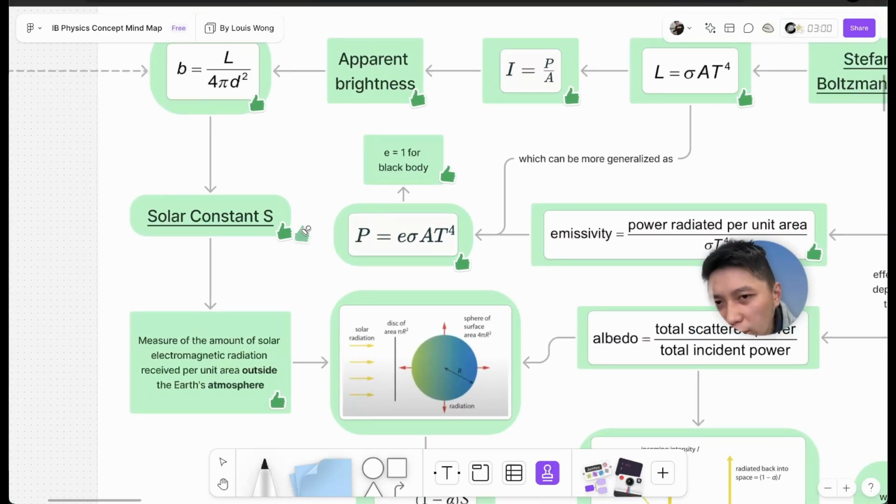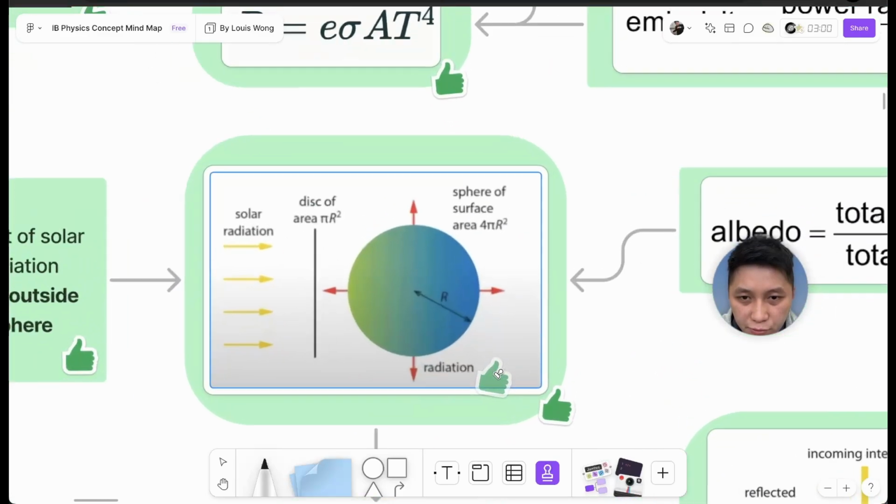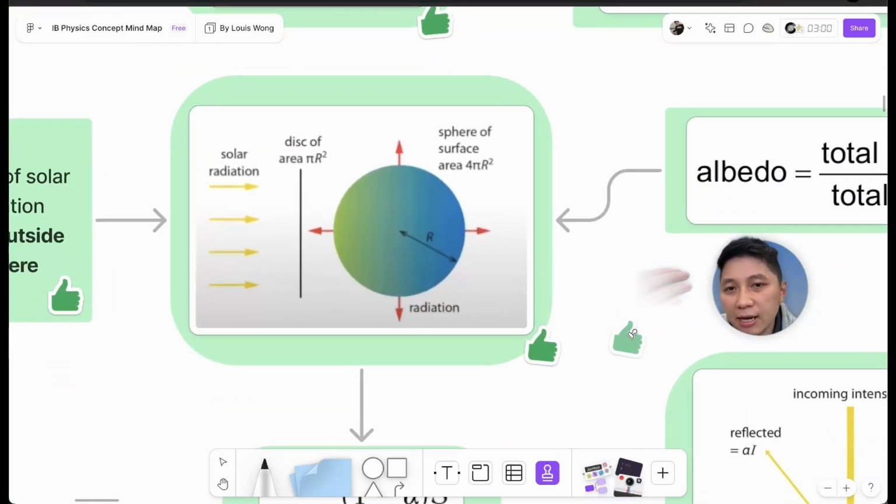As for how that 1,400 is obtained, you have to refer to this diagram. It's a little bit more abstract than you think, and I addressed that in another video, so if you want to visit that again, make sure you check it out.